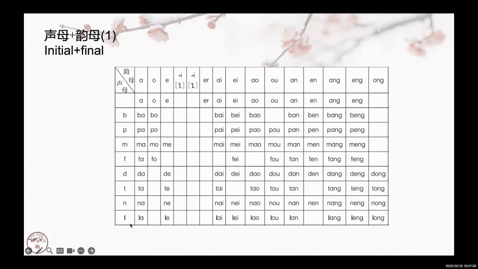Let's practice the bottom line. The initial is l. This letter is called L in English. In Chinese, it's called le. L plus a, la. L plus e, le. L plus o, we don't have this, so it's blank.